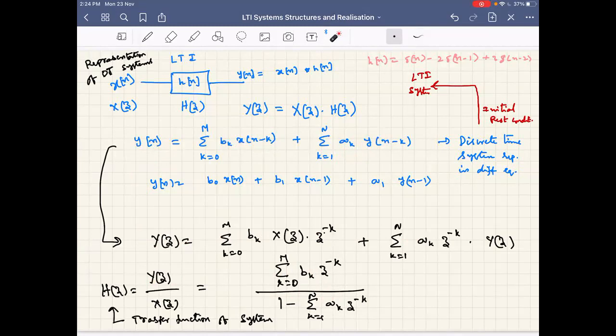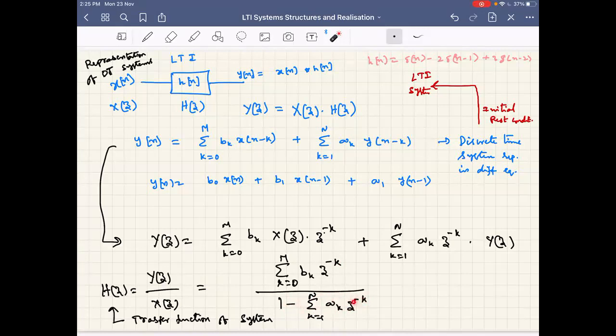And you can see this transfer function, Y of z by X of z, that is H of z, is a rational function in z, having numerator being a polynomial in z of order m and denominator being a polynomial in z again with order n.